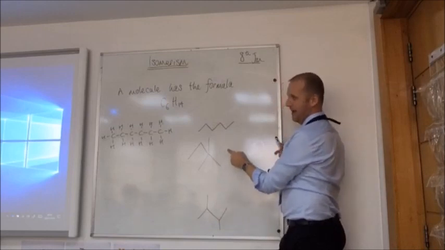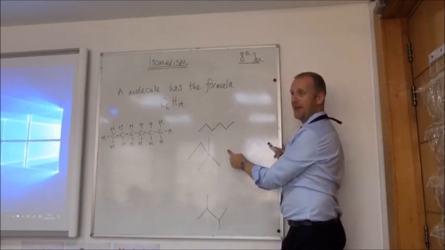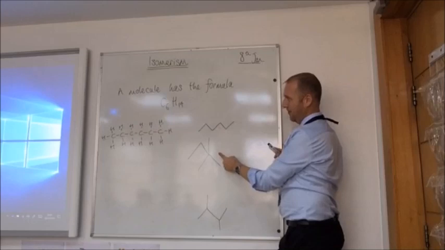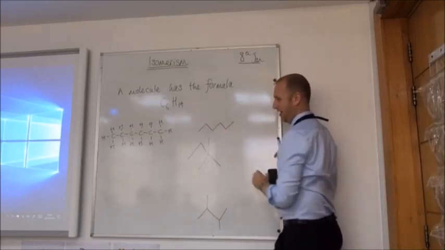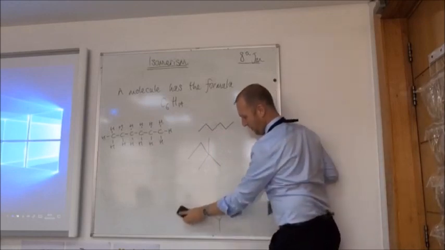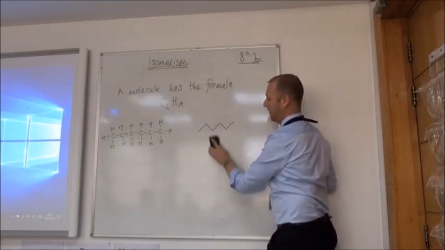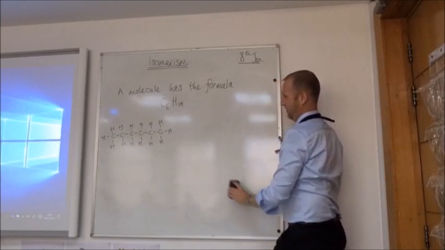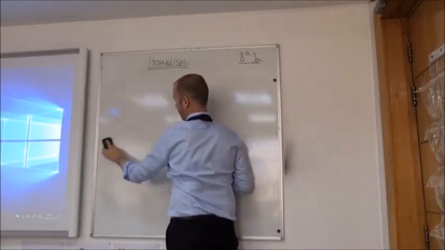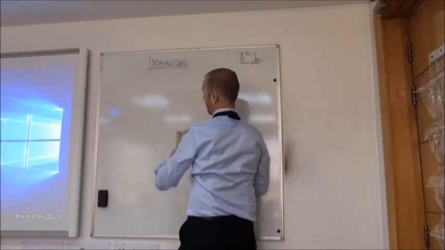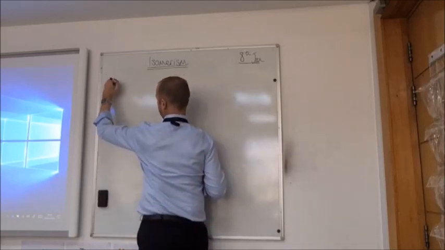What we've been doing here already is working out different isomers of C6H14, or hexane. We've worked out at least 4 different isomers of C6H14. So, let's define this word.